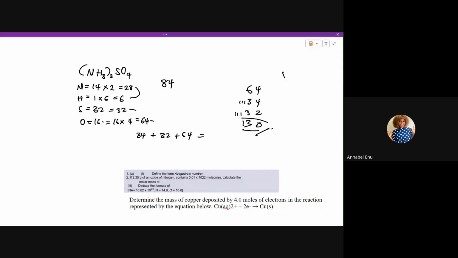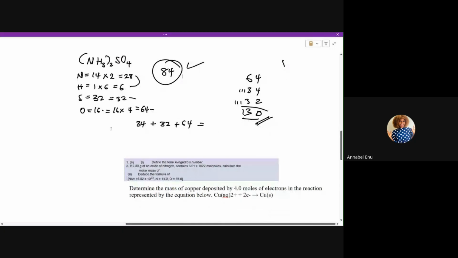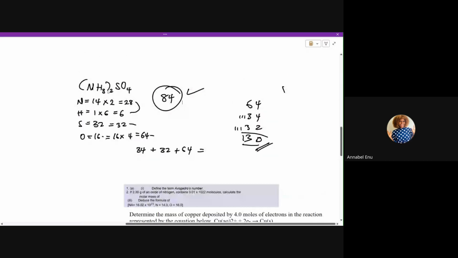So you got it rightly, Melody. It's not this 84 that you got the first time. So in essence, for every number inside a bracket, you have to consider the subscript after the bracket. You multiply it by what is inside.